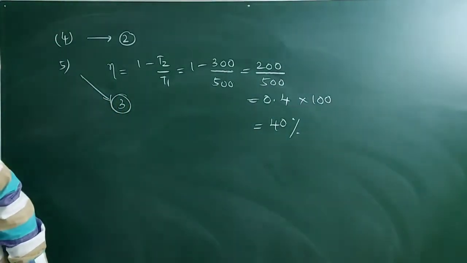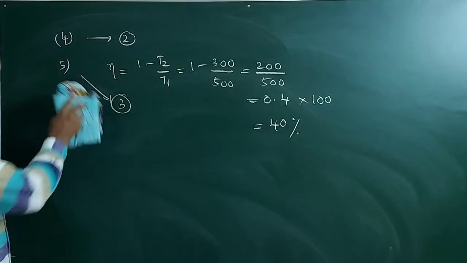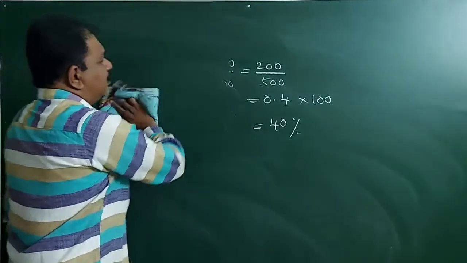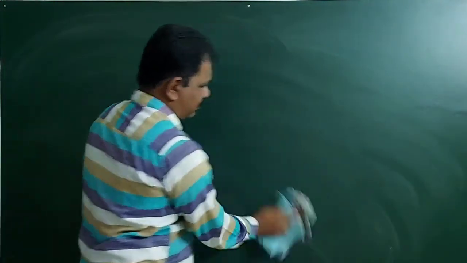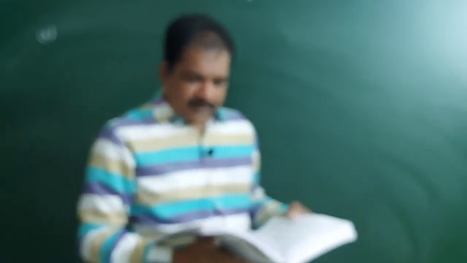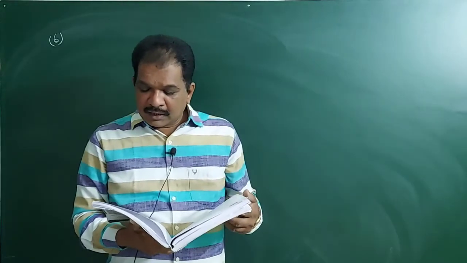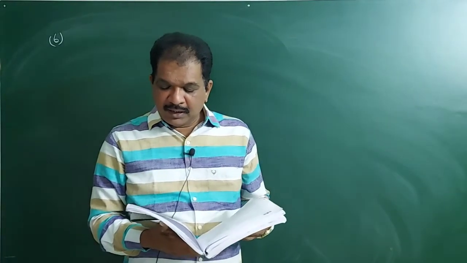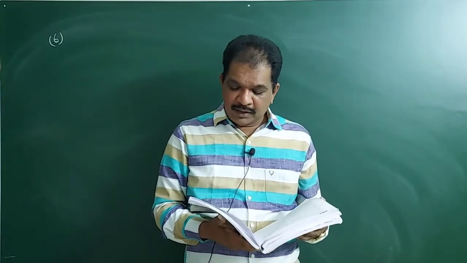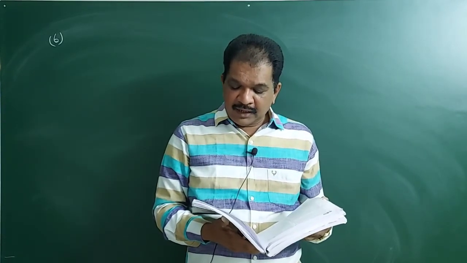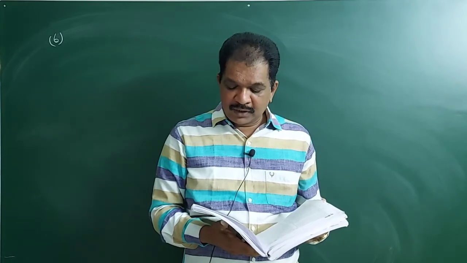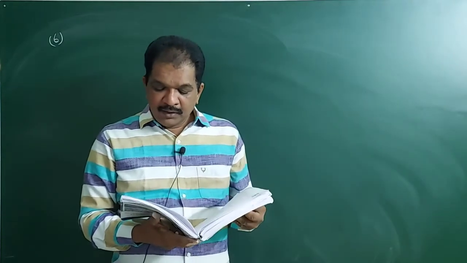Next, 6. What they are asking: a Carnot engine works between 300 Kelvin and 400 Kelvin and has 800 joules of useful work.